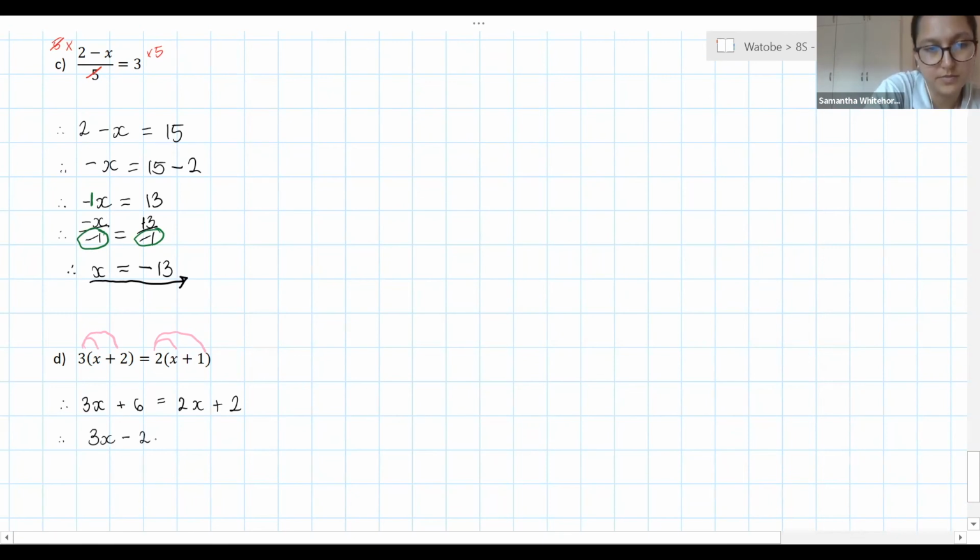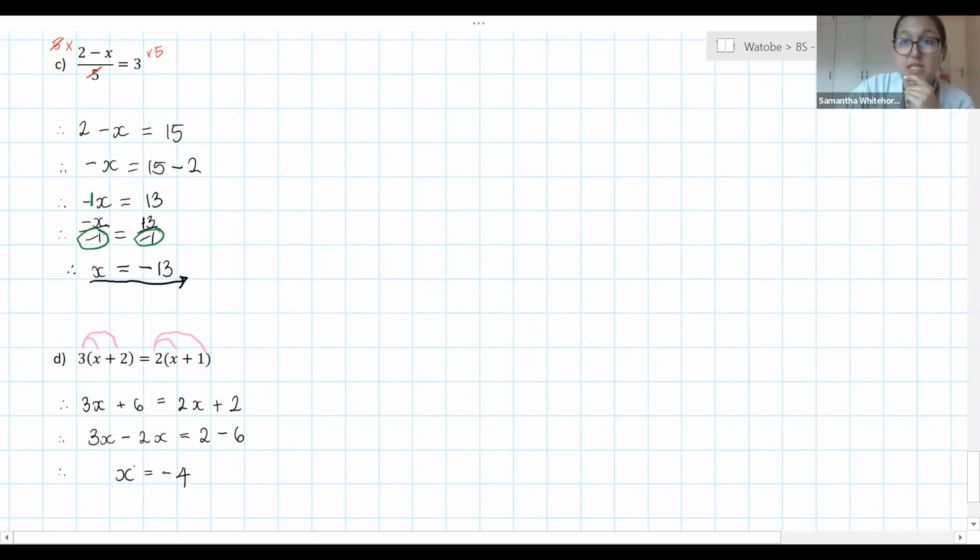Good. And I moved the 6 over to the 2, and I got a negative 6. Perfect. And 2 minus 6 gave me negative 4, and 3x minus 2x gave me x, basically 1x. Yeah, perfect.